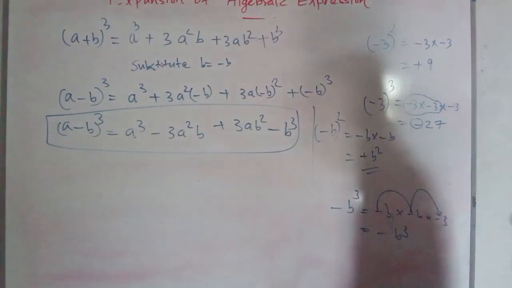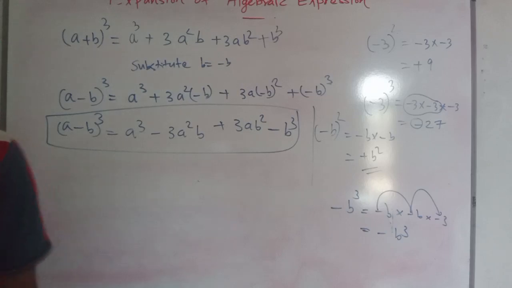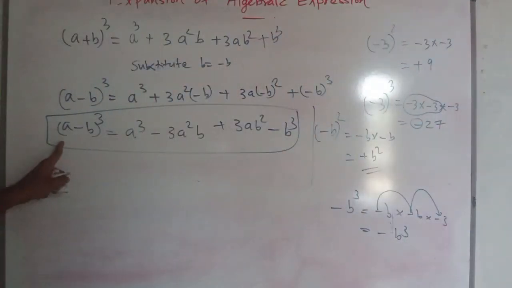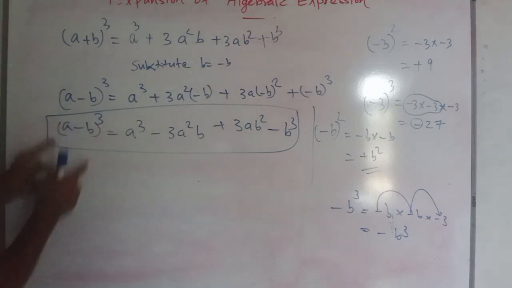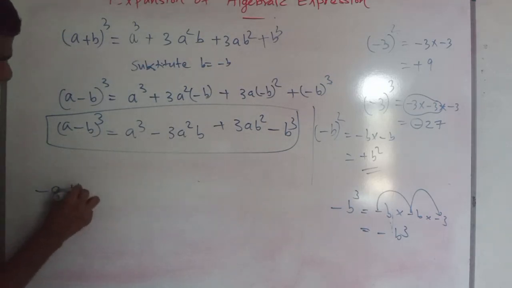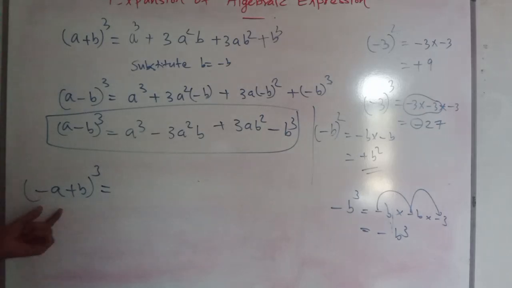Okay, right. Now we will look at the expansion of (A plus B plus C) whole cube, right? I hope you have understood how to write the expansion of this expression. Now let's try this one, (minus A plus B) whole cube. So can you try to find out the answer for this expansion?